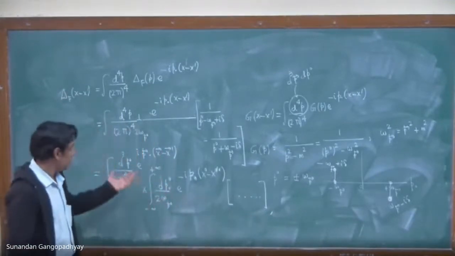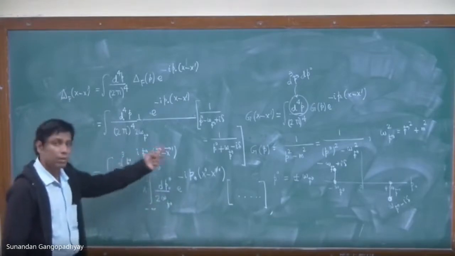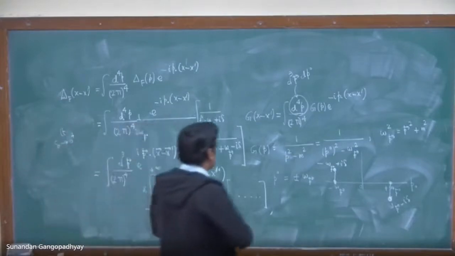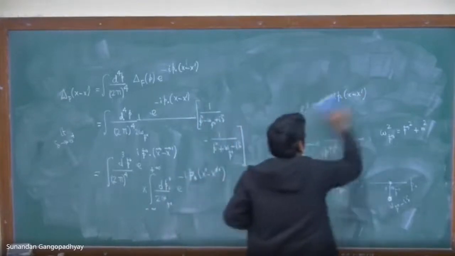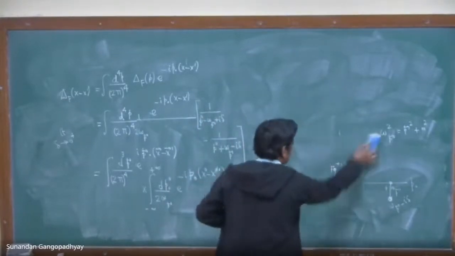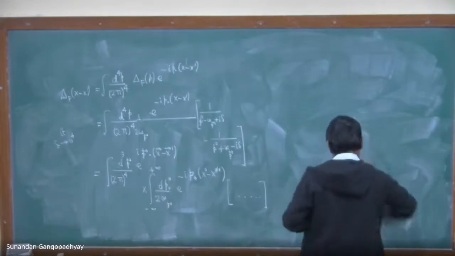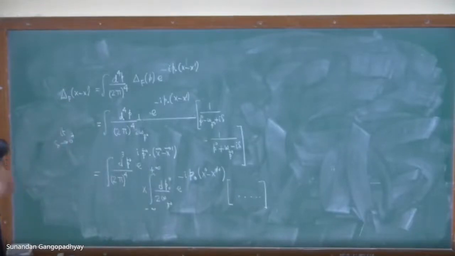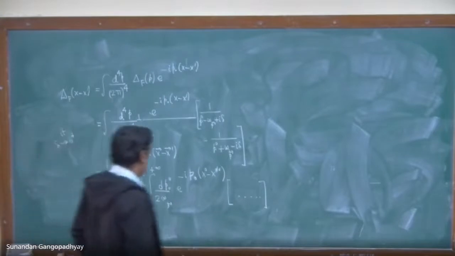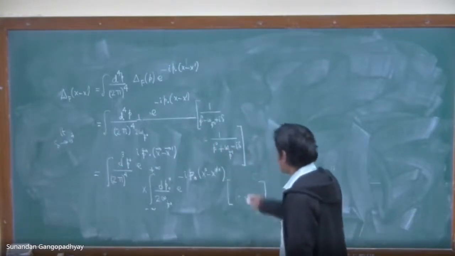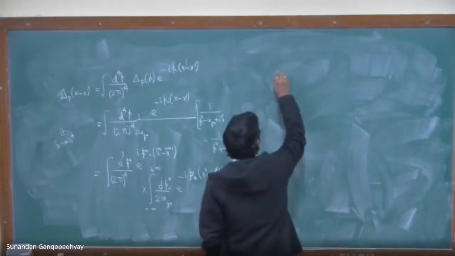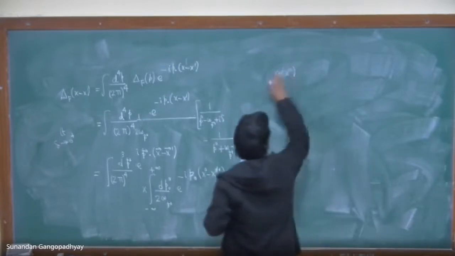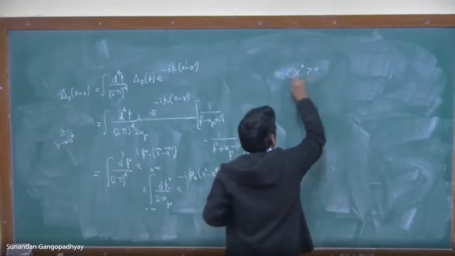Once you compute the p0 integral, you can calculate the integration over the 3-momentum also, but we shall not do it now. What we shall do is calculate this integral. To do this, let us first consider the case where x0 is greater than 0.